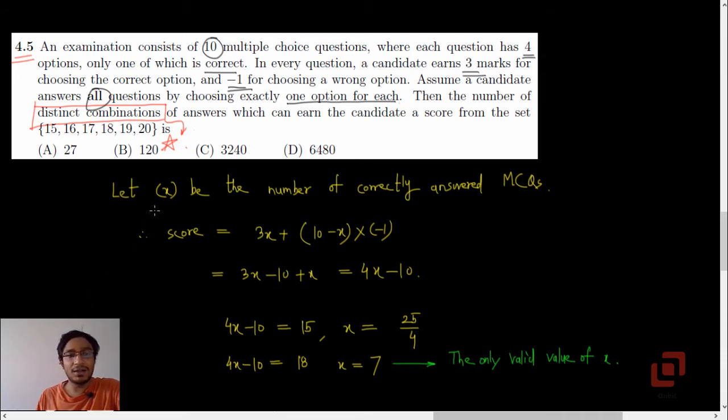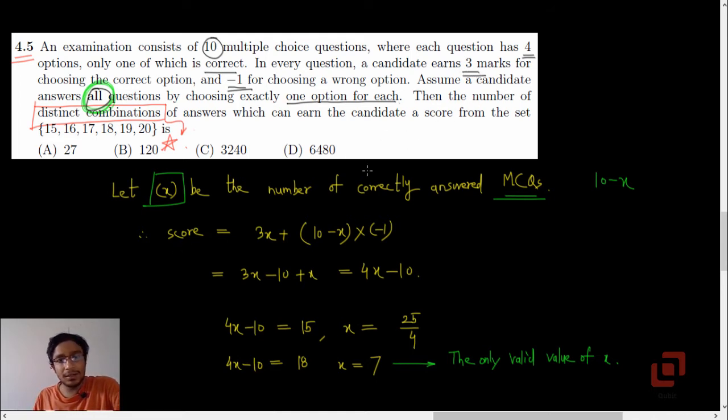What I've done is I've assumed that x is the number of correctly answered MCQs, and because the candidate is answering all of them, the number of incorrectly marked MCQs will be 10 minus x. Yes, because this examination consists of 10 MCQs. So what will be the score of the candidate?